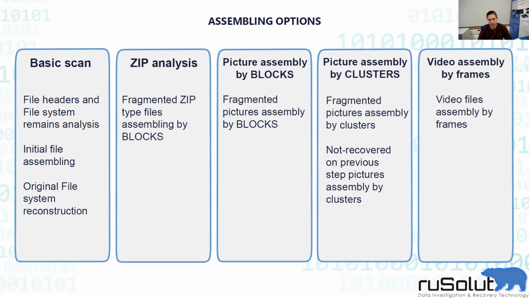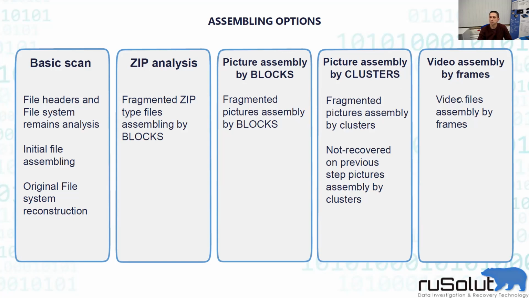Usually cameras don't fragment pictures a lot when pictures are written into memory cards. Video files are another story, but pictures usually are written sequentially. So usually you will need to use these two modes for devices with mixed blocks.